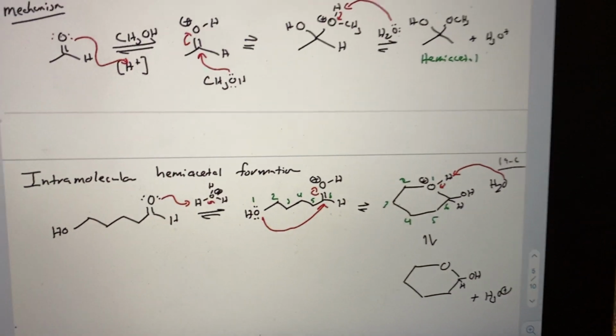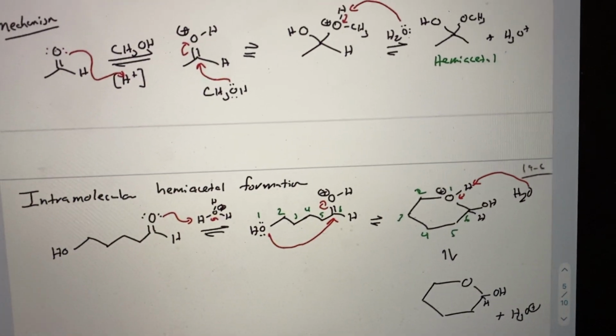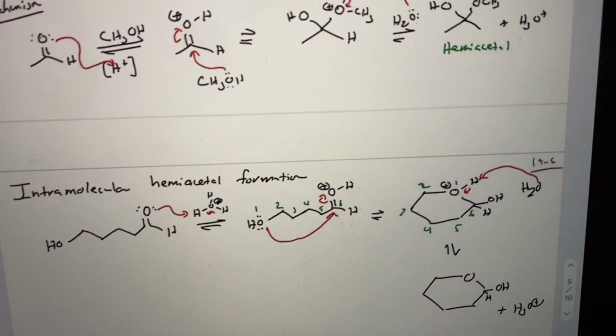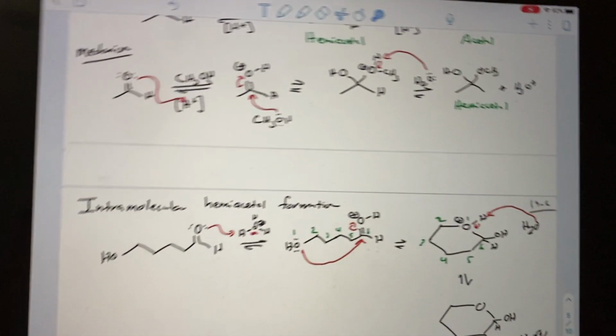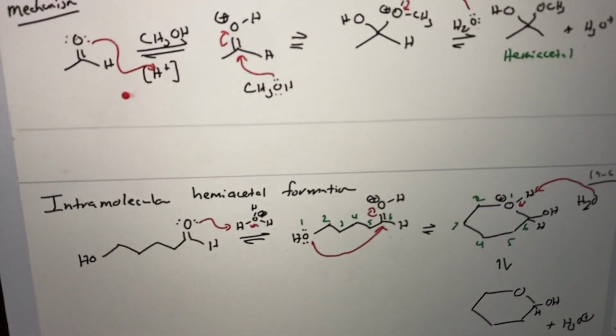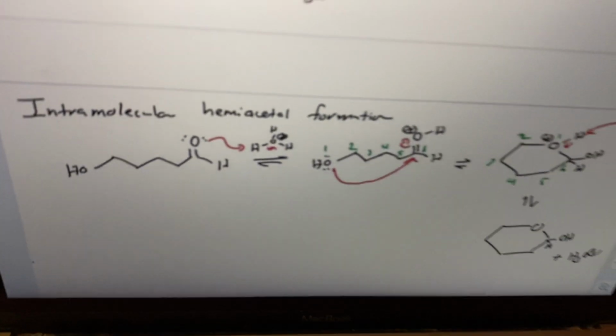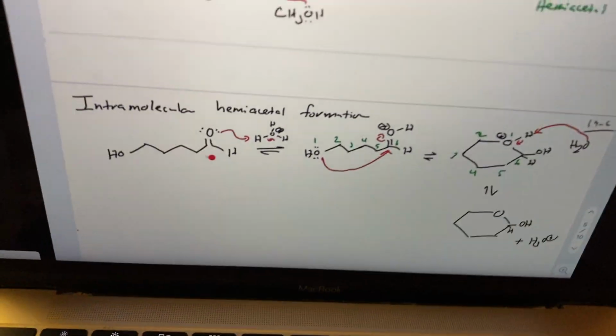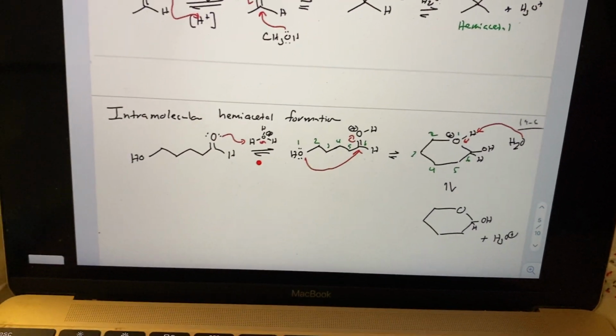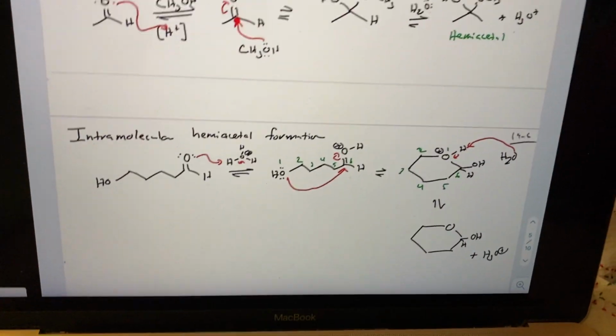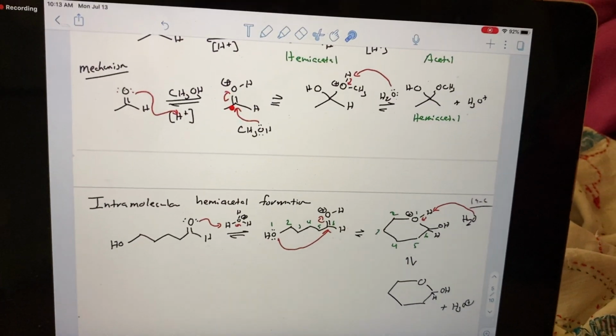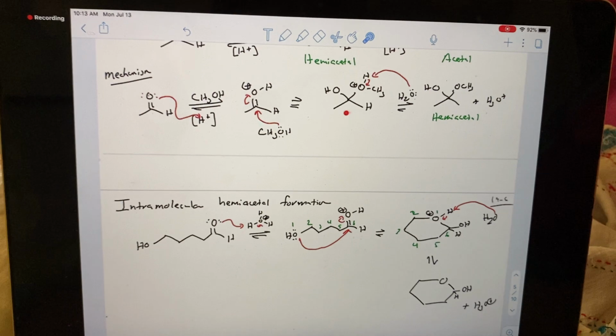So this is really the key reaction in terms of the carbohydrate chemistry that we're dealing with. But what's important to see is that it's the same as the one that's above. We protonate the carbonyl group, so I'm pointing to the reaction above. Here we protonate the carbonyl group. The top reaction, methanol, attacks here, forming a new oxygen-carbon bond, generating this intermediate.